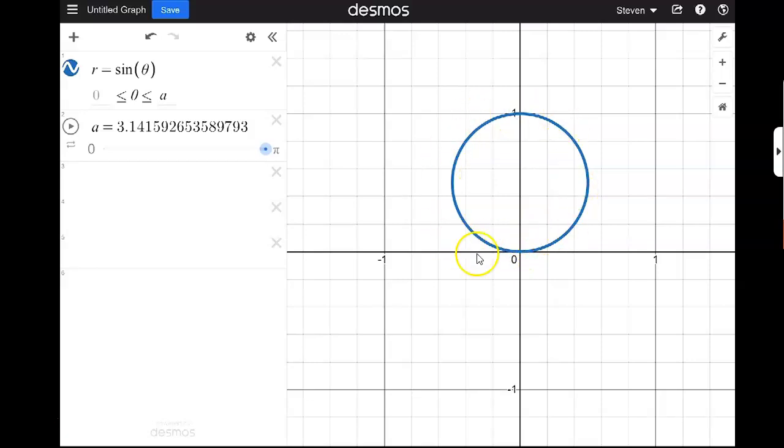We see that it's a circle. And we see that the area that was generated from 0 to pi over 2 is actually half of all the area because of symmetry. So what that means is we can cut down, if we want, on some of the stuff that we have to do. I could do the integral from 0 to pi.